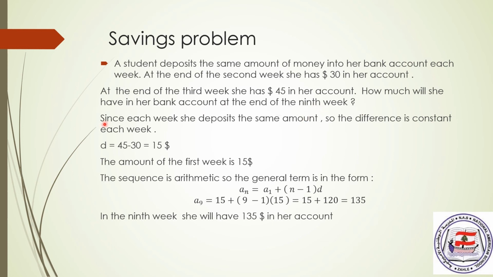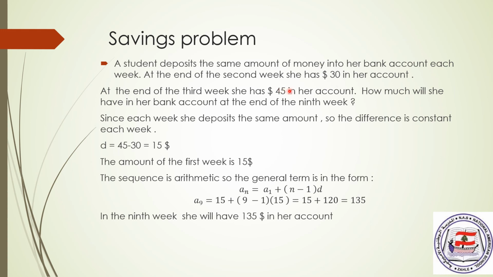So first, the same amount of money is deposited in a bank account each week, so it represents an arithmetic sequence. The second week amount is represented by a_2, which is $30.